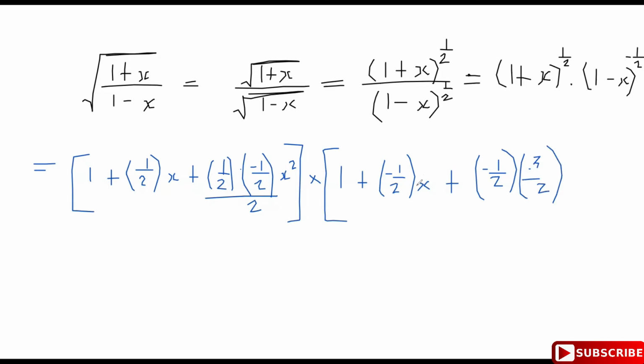And remember, this is actually minus x, so this is minus x squared over 2 factorial.